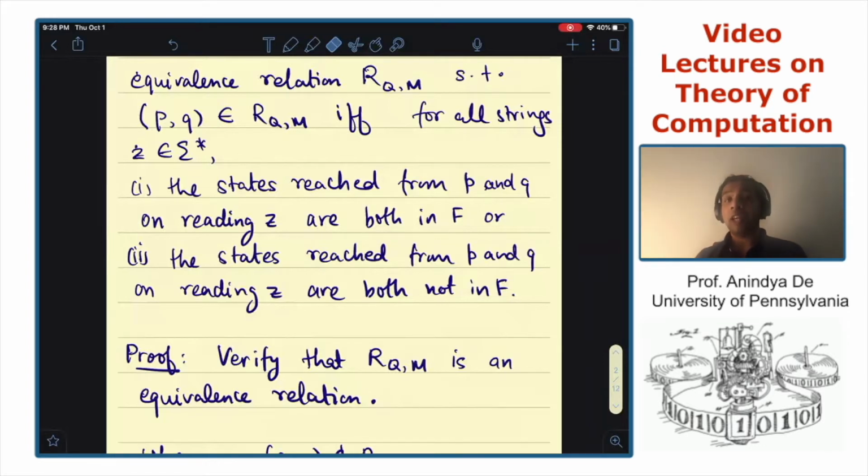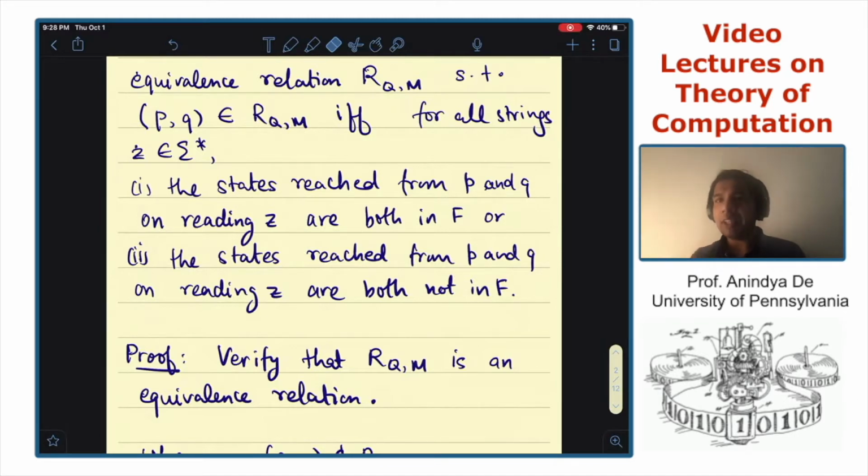That's because if (p, q) is in R_{Q,M}, then you know that when you read a string z from p and q, in both cases you reach an accepting state or in both cases a rejecting state. And likewise, if (q, r) is also in R_{Q,M}, then you know that if you read z, starting from q and starting from r, you either reach an accepting state or a rejecting state on both occasions.